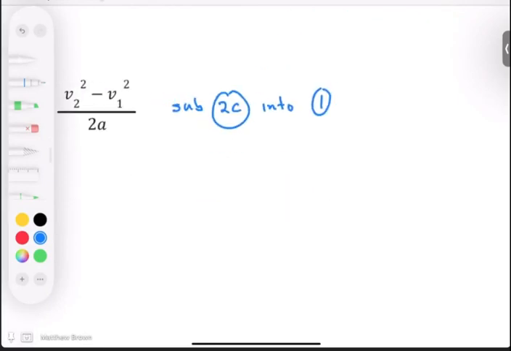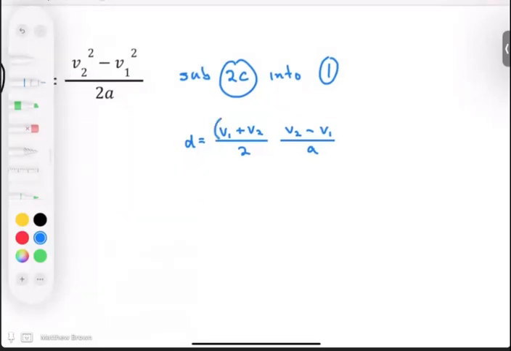So equation 1, remember, was D equals V1 plus V2 over 2. And time, we just said, is V2 minus V1 over A. So you multiply these together. Now the key, if you're doing a multiplication like this, is remember these are technically binomials. This is V1 plus V2.